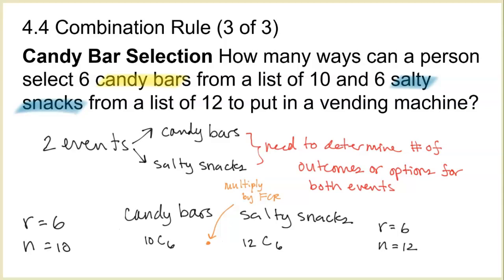We can also remember that from before, which tells us to multiply. This 10 choose 6 is 210, so I'll leave that formula set up for you, and also the 12 choose 6, I'll leave that formula for you to confirm that it's 924. But if I multiply those together by the fundamental counting theorem, we get 194,040 ways to do this.